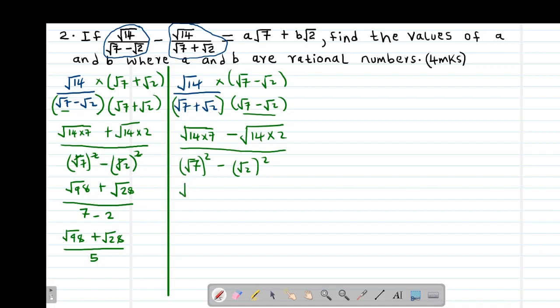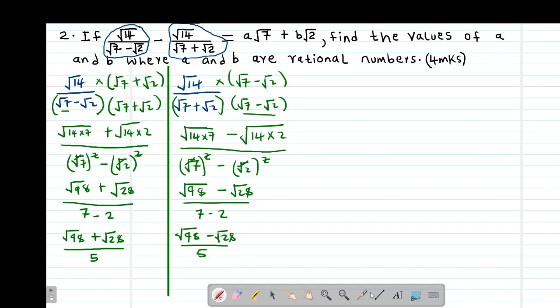So the root of 14 multiplied by 7, I'll still get 98, then minus 14 by 2, I'll get 28, then divided by 7 minus 2, since the square root and the square cancel out. So this will give me the root of 98 minus the root of 28, then divided by 5.